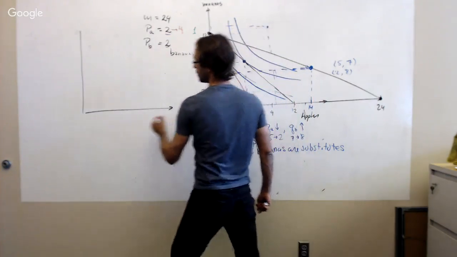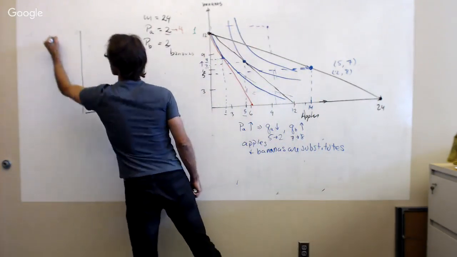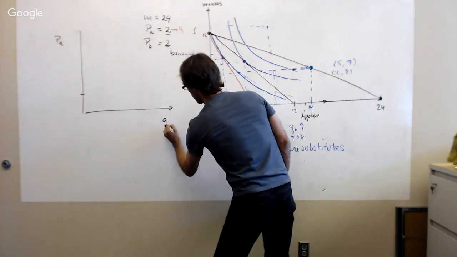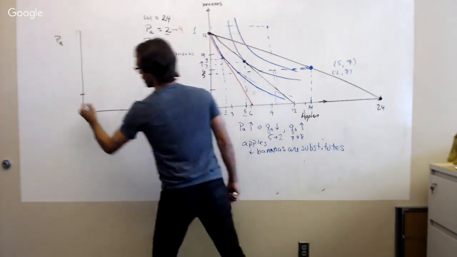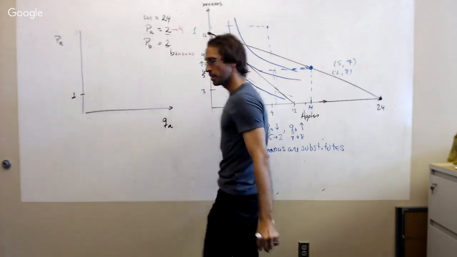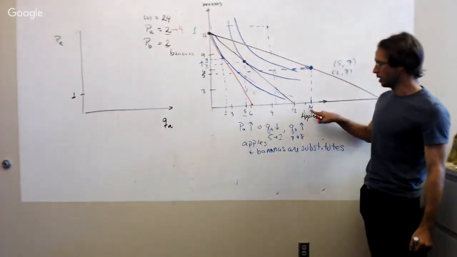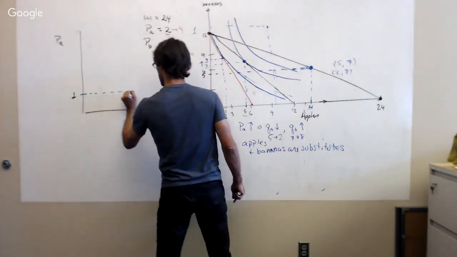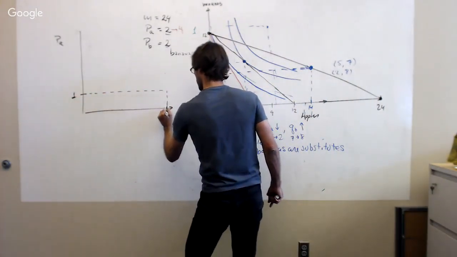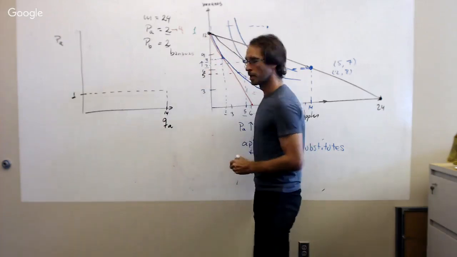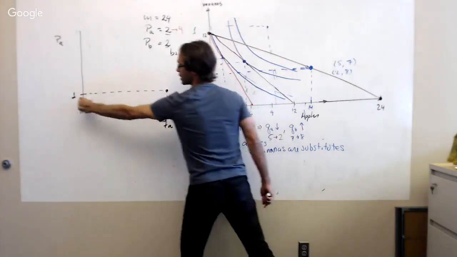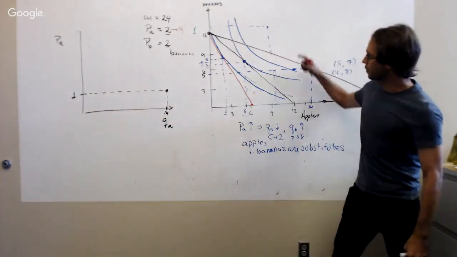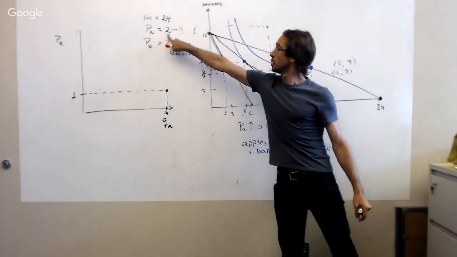So let's put the price of apples here and the quantity of apples here. At a price of 1, what happens? This consumer wants 14 apples. It's way up here. So notice, at a price of 1, consumption of 14. What happens if we increase the price to 2?